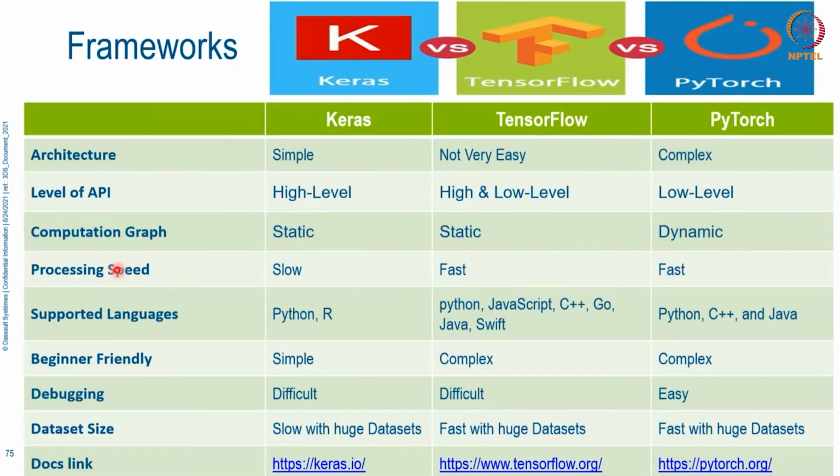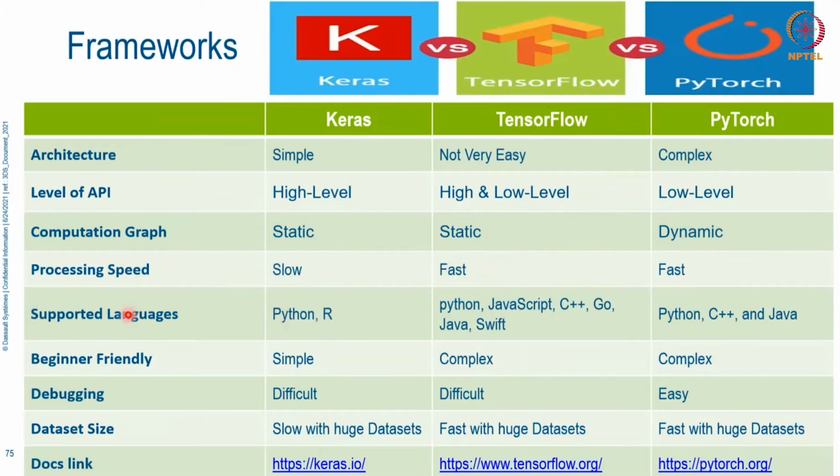Processing speed: as Keras is a higher level API and has to go through a lot more abstraction, it is not as optimized as the main TensorFlow. So it is slightly slower, but TensorFlow and PyTorch are quick enough compared to Keras.